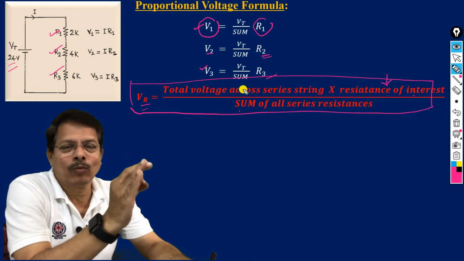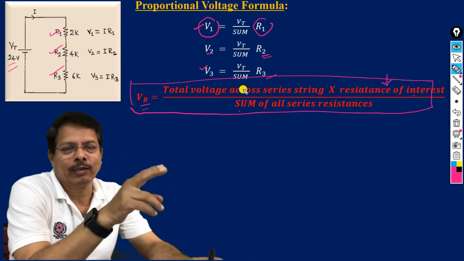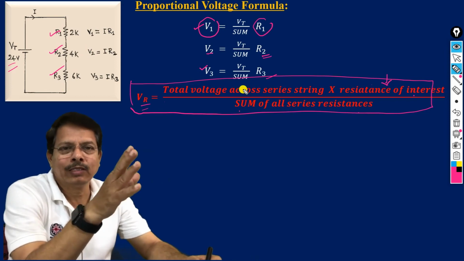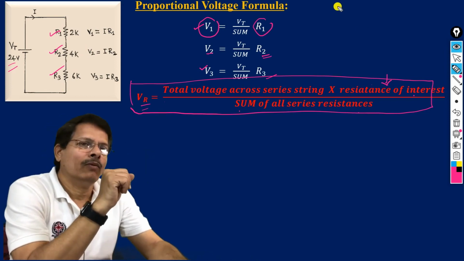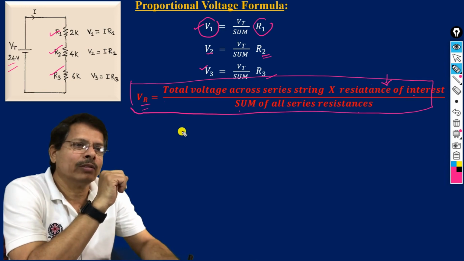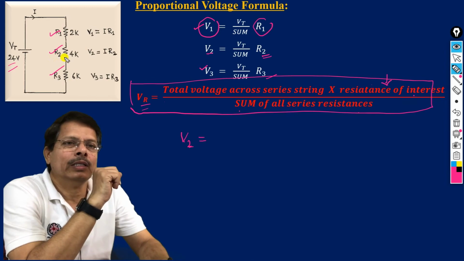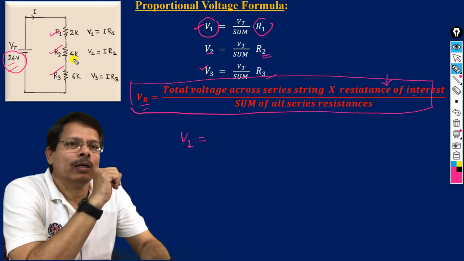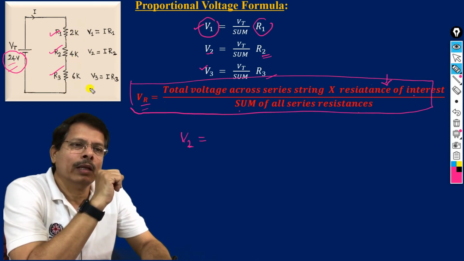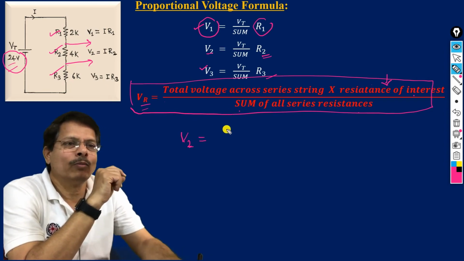So remember that this formula is applicable only for series circuits, and if the total voltage across the series combination is known to you. For example, let us find the voltage across V2, I mean resistor R2. In this example, the battery voltage is 24 volt, R1 is 2K, R2 is 4K, R3 is 6K. Let us find the voltage across R2 using this formula. What is this formula?